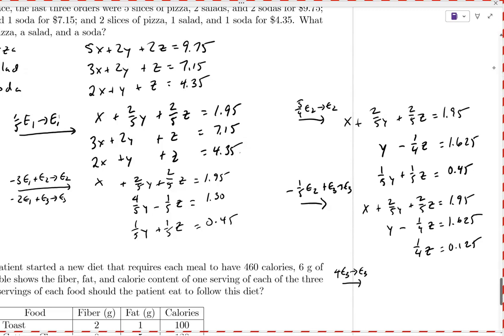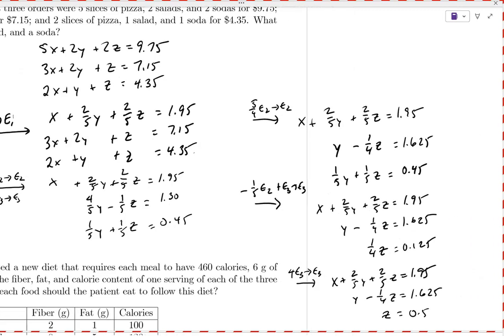Again, that does not change the first equation. Does not change the second equation. I think you get 0.5 when you do that. It's a cheap soda, 50 cents. Wondering what year this problem was written in at this point.